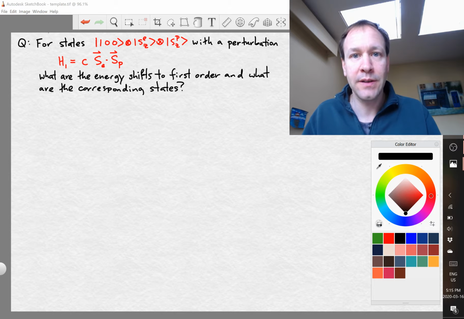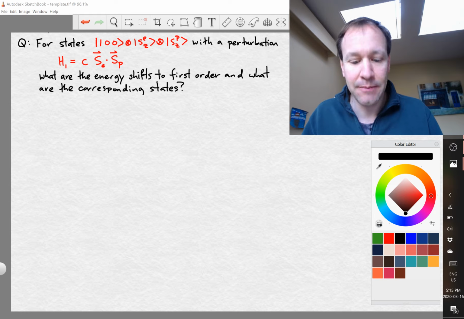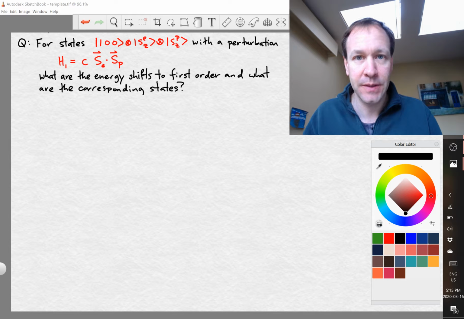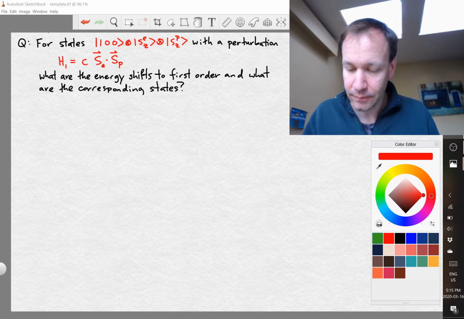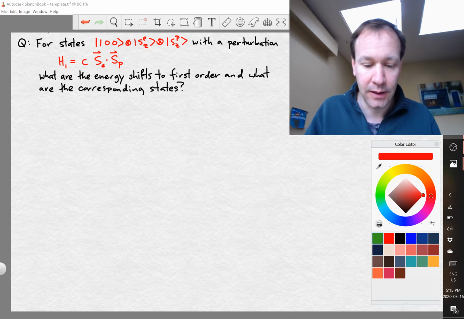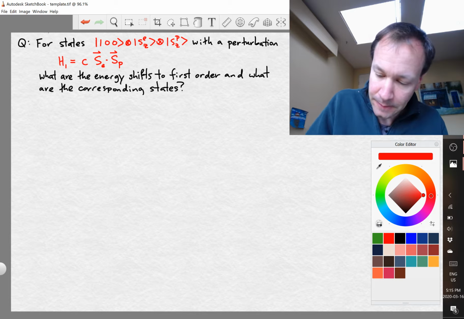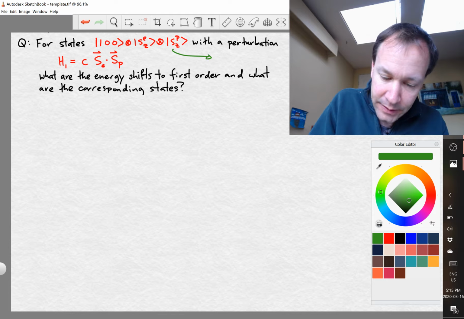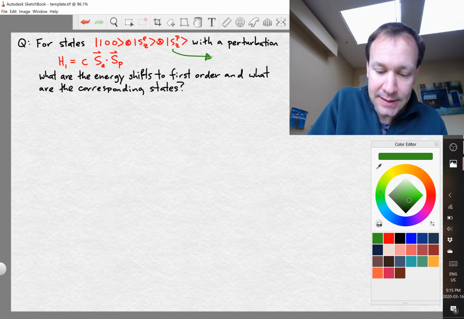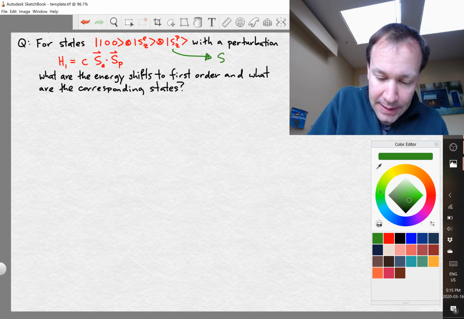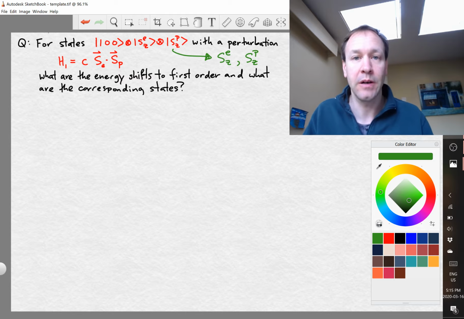So what we're going to do is use exactly the same trick as we used for the spin-orbit coupling. Okay, so let me remind you of that trick. Basically our states here at the top are eigenstates of Sz electron and Sz proton.